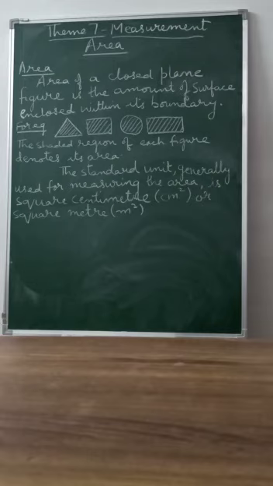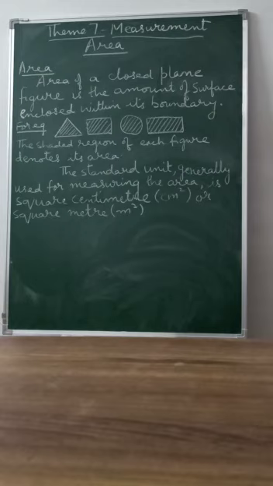Okay, so just a quick revision again. When we describe the area, we say that it is the amount of surface enclosed within its boundary. That means what all space is coming inside the boundary is called the area. The second important thing to remember is that the standard unit for measuring area is centimeter square or meter square. But apart from these, you can even have millimeter square, kilometer square, and any other unit.